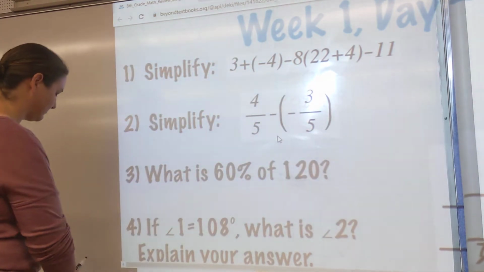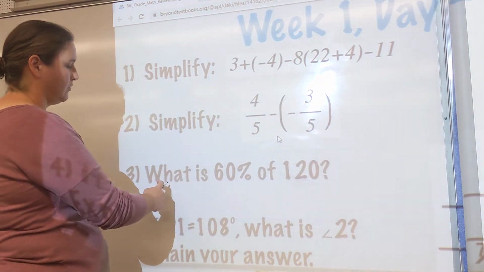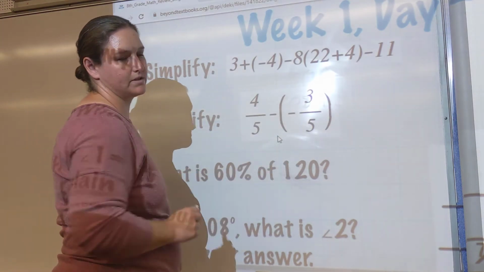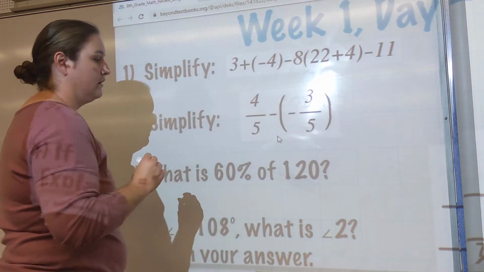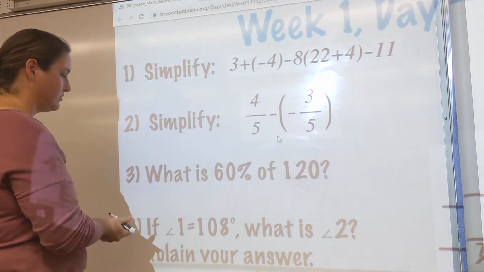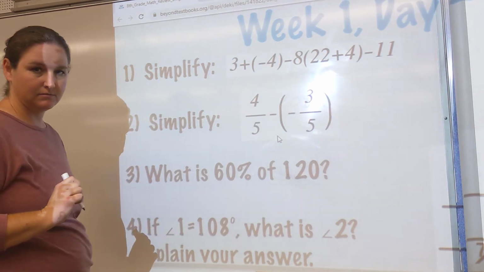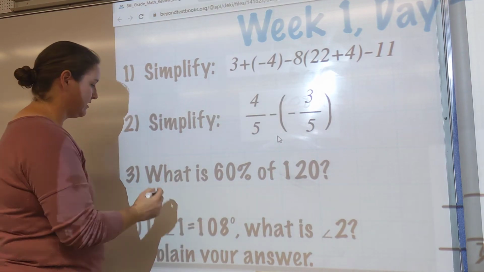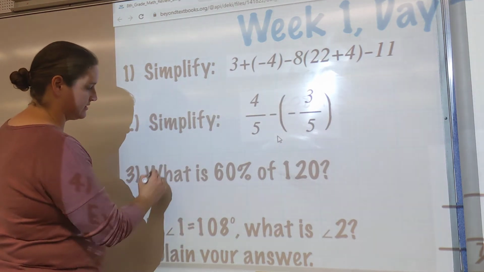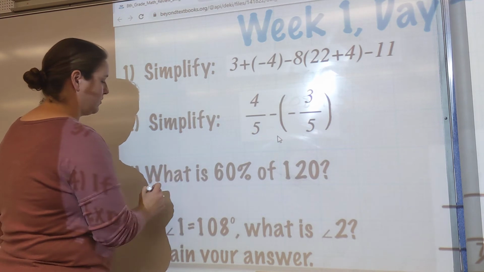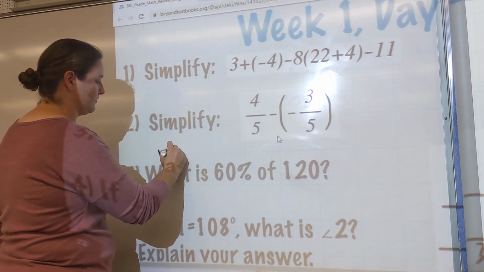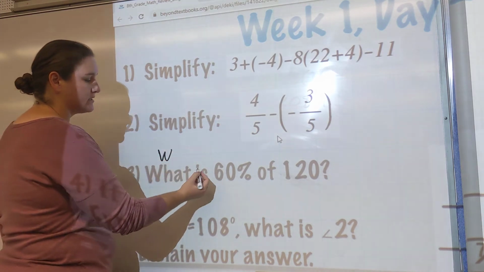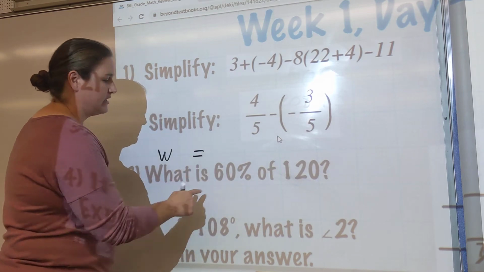Okay. Number 3. What is 60% of 120? So, let's give it a try. We said you just use a letter, right? We're actually going to do it up here a little bit because I don't like going down that far. So we'll just say a W for right now, means equals 60%.